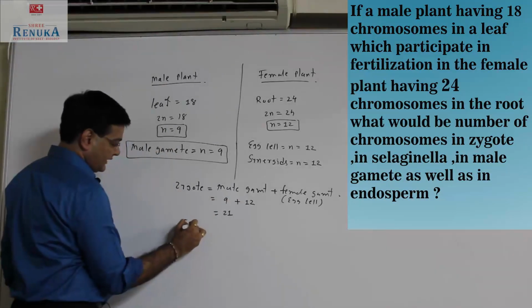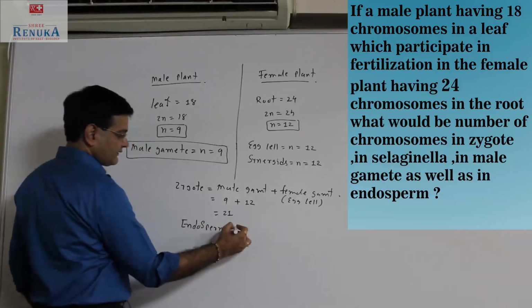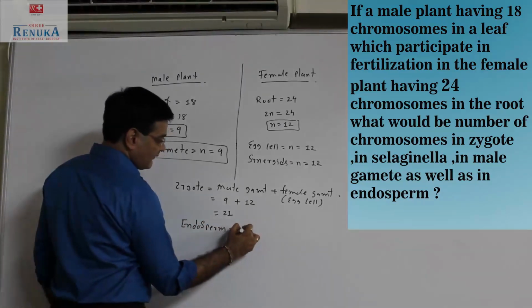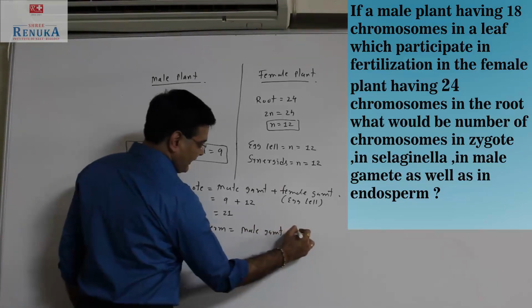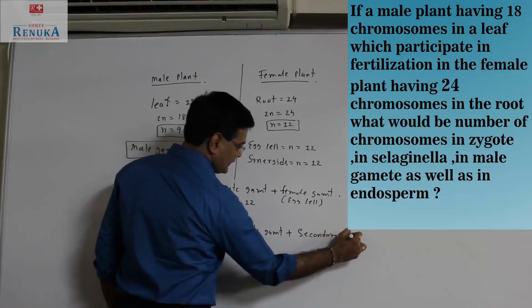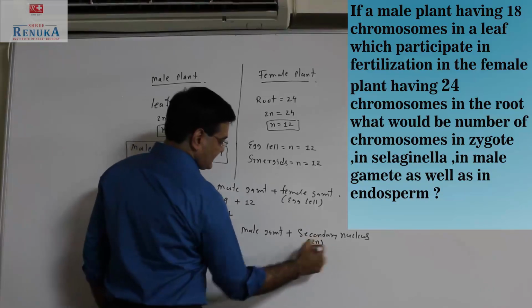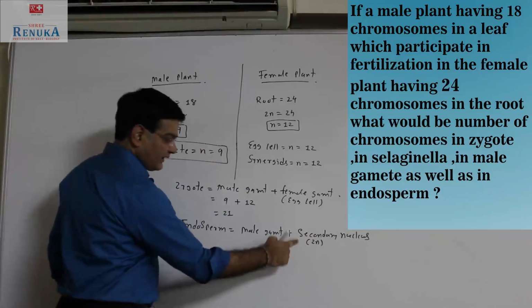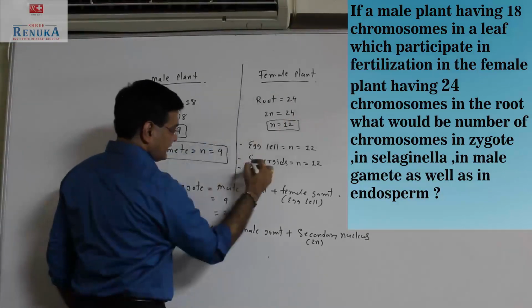If we talk about endosperm, endosperm having 1 male gamete and 1 secondary nucleus. Student, secondary nucleus is a part of embryo sac and it is present in the female plant.